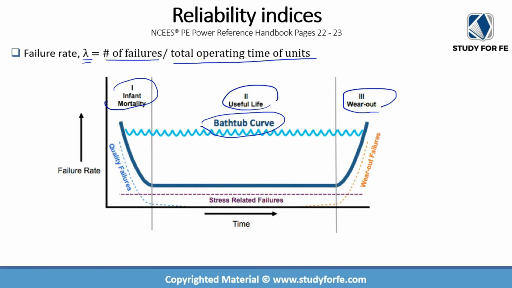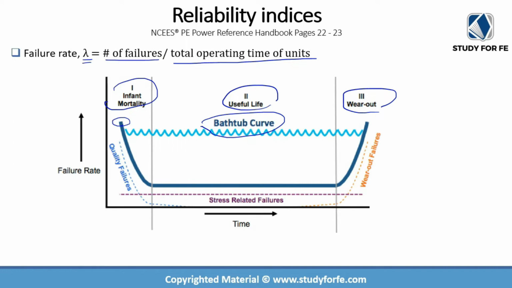Now it takes the form of a bathtub because at the onset, at the start, when you're doing commissioning or startup, those of you who have done electrical commissioning would probably be able to attest that a lot of times equipment, especially major electrical equipment like transformers, switchgear, MCCs and breakers, tend to fail right here, just when you're starting them up.